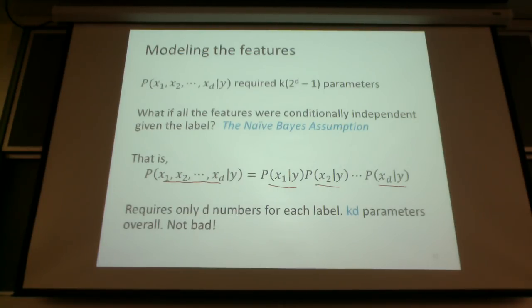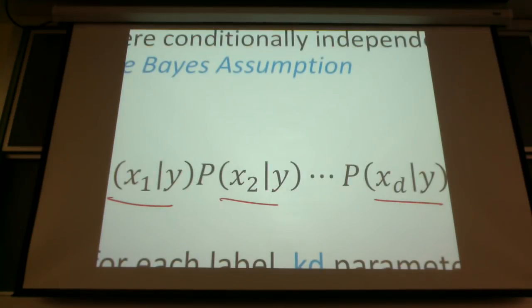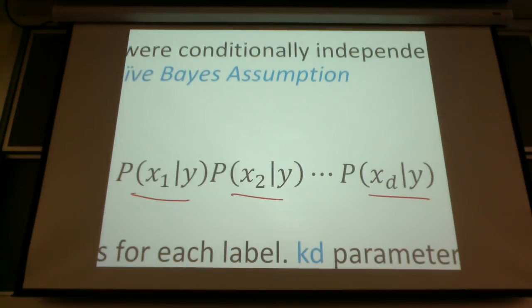So this really, and this is a probability, right? If you had booleans, this could be say 0.1 and 0.9 for x1 being 0 and 1, and for x2 being 0 and 1, the probability could have been 0.5 and so on.